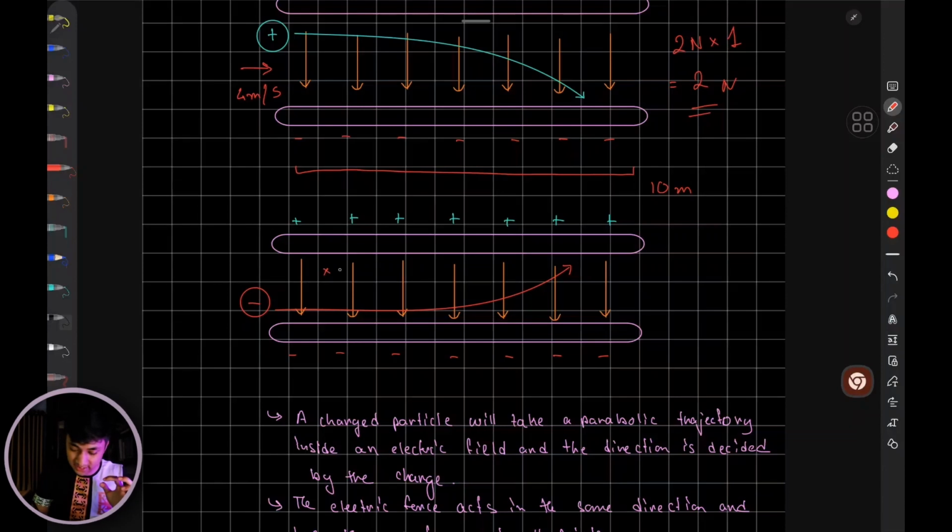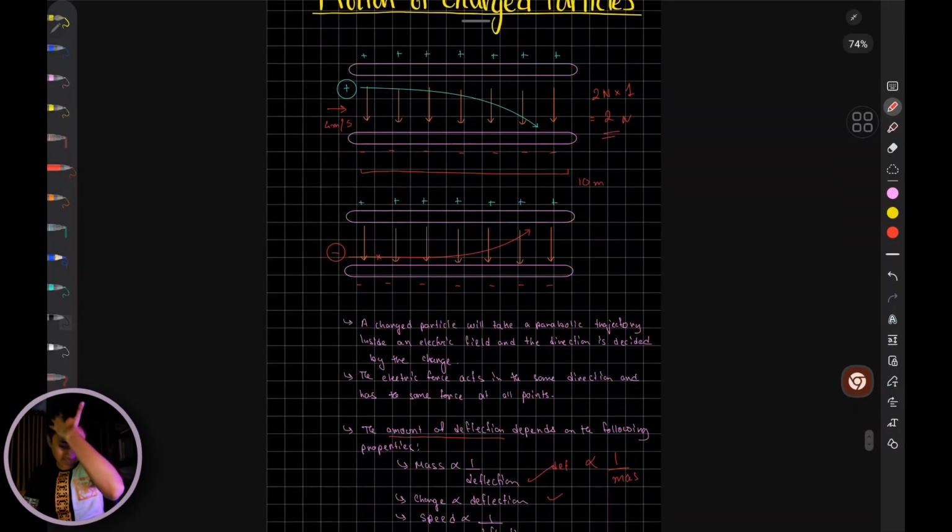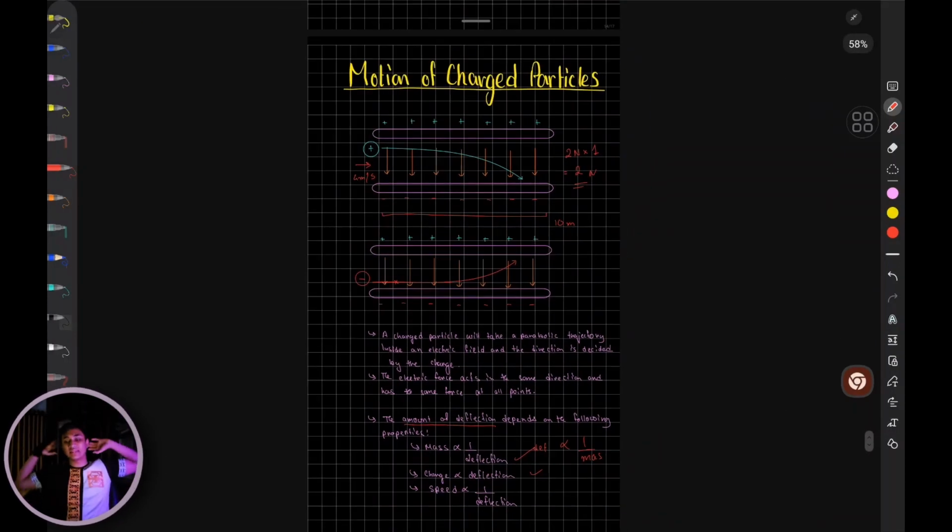The force near the positive plate is the same as near the negatively charged plate due to uniform field lines. That is what we mean by uniform field lines: the electric field strength is equal at every given position. Okay, that's it for electric fields.